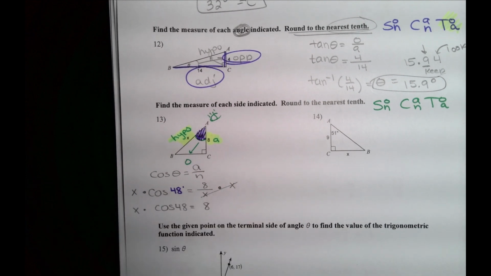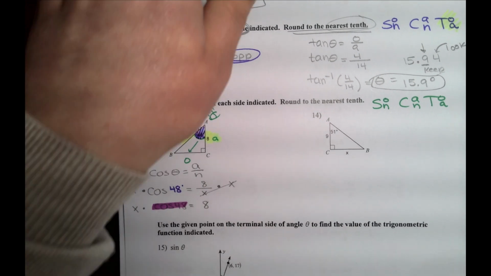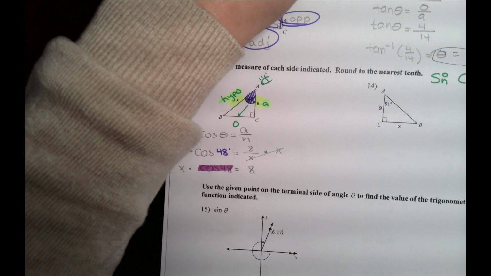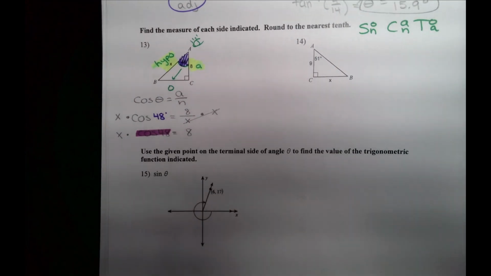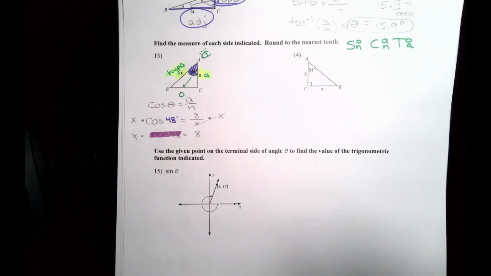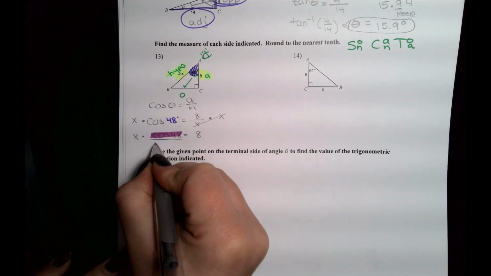This cosine of 48 is one value. This equals just a number. And that number, whatever that number is, you're going to divide by it.